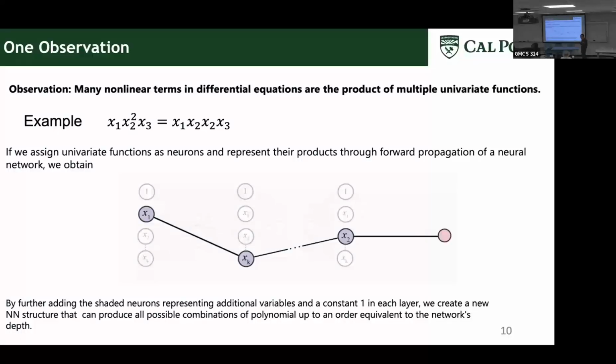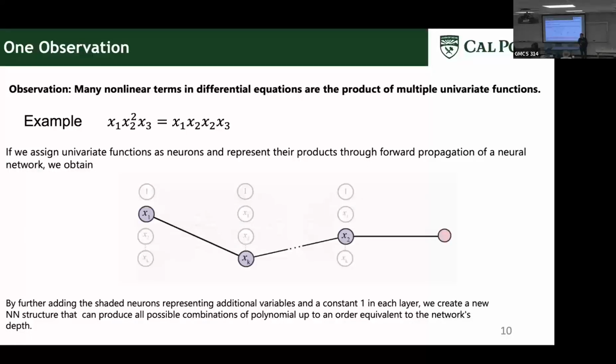What is nice is you can relate the right-hand side here with the forward propagation in a neural network. I can allocate this neuron to x1. This is a different example. The second one, I say this is x2. If you do forward propagation along this path, it will give you that nonlinear term. Does that make sense?